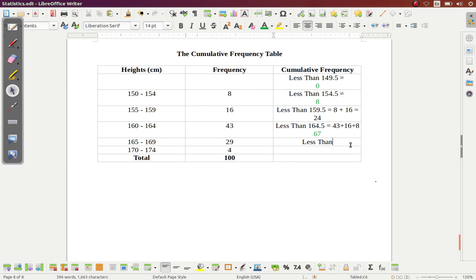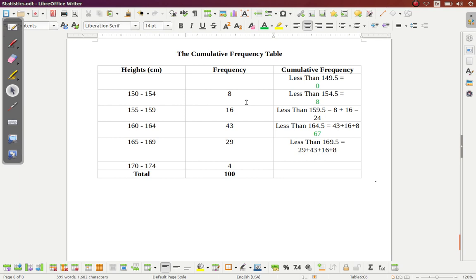How many of them are there? Less than 169.5, we have the 29 that we have here, plus the 43, plus the 16, plus the 8.